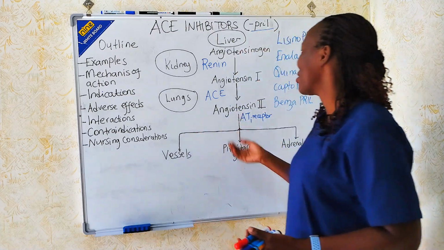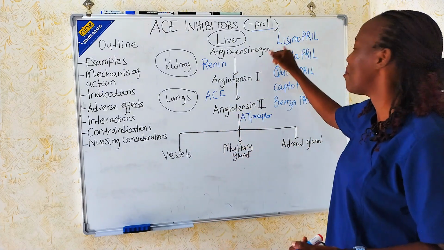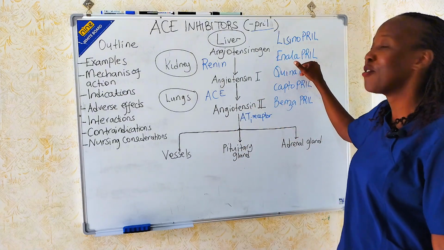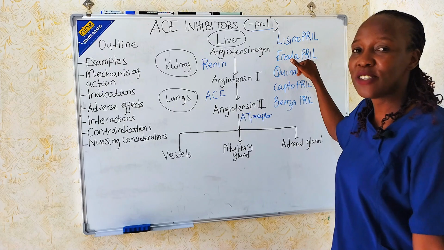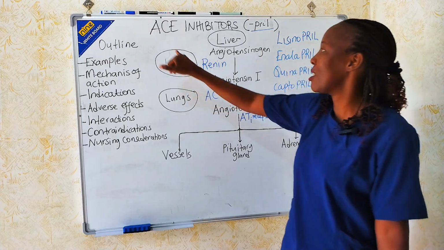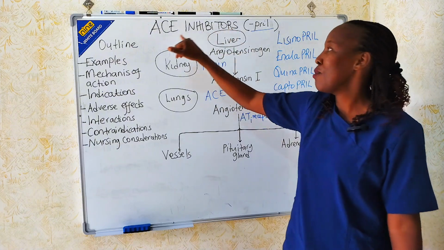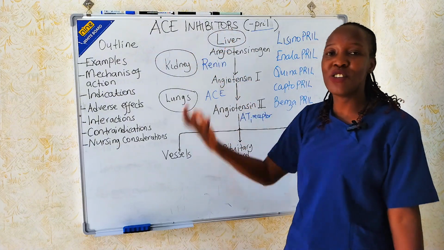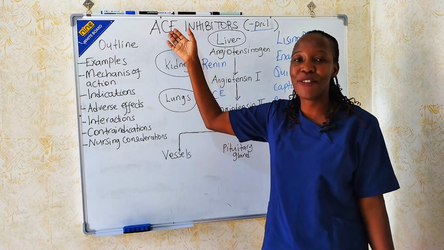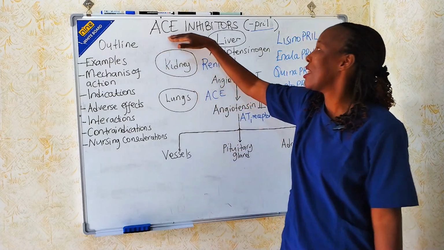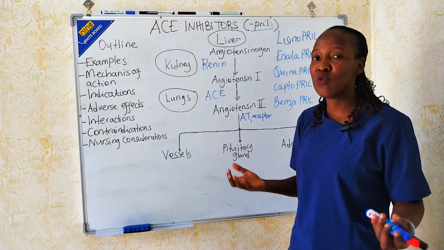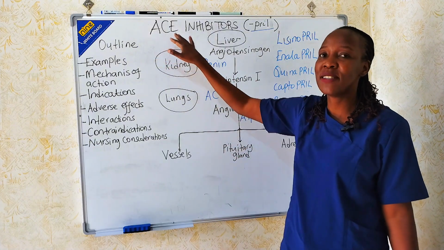So if you get a question and they're just asking you about a particular drug, and that drug's name ends in that suffix "pril," the easiest way for you to think about the quick facts about that drug is first to take it back to its class, which is the class of ACE inhibitors. And usually, drugs are mainly classified according to how they work. So just by the name of this class, ACE inhibitors, you'll be able to predict how that drug works. You only need to know what ACE is.